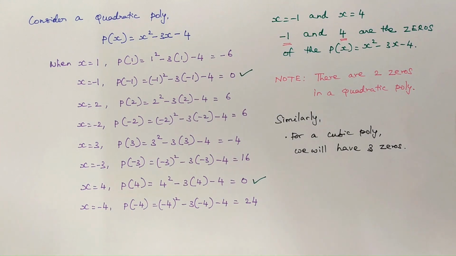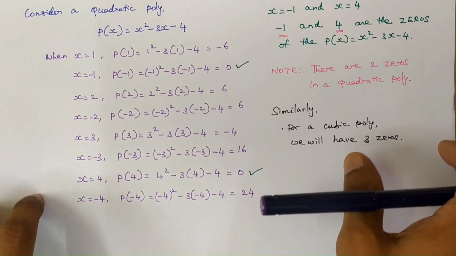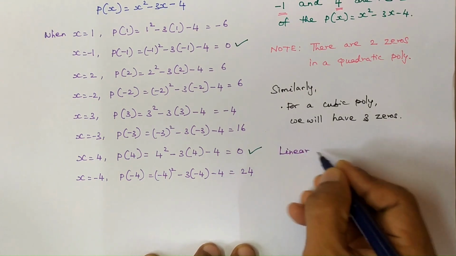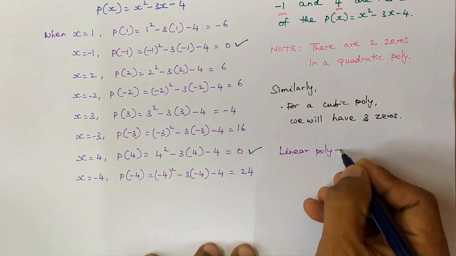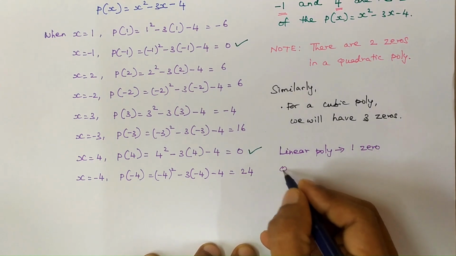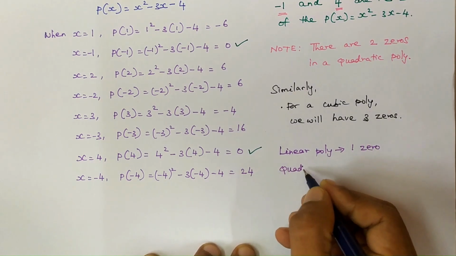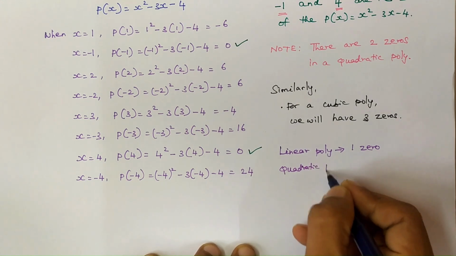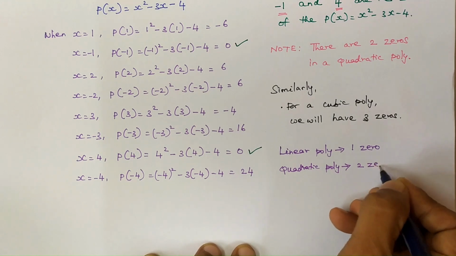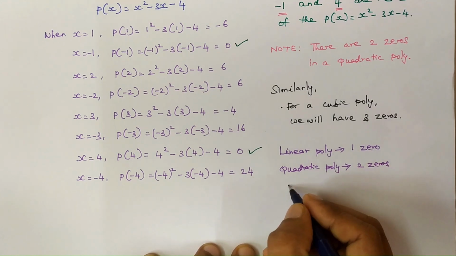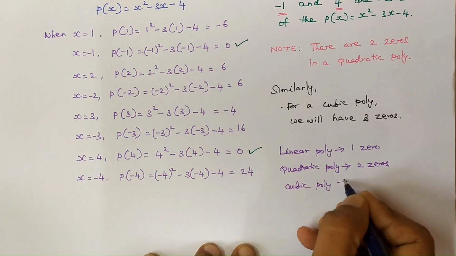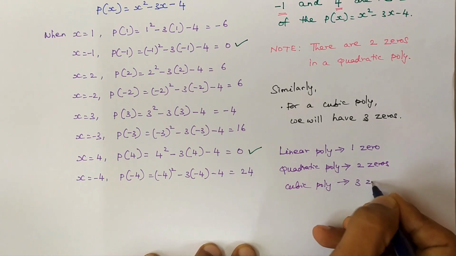Okay, so let us summarize. For a linear polynomial we had 1 zero. For a quadratic polynomial we had 2 zeros. For a cubic polynomial we will have 3 zeros.